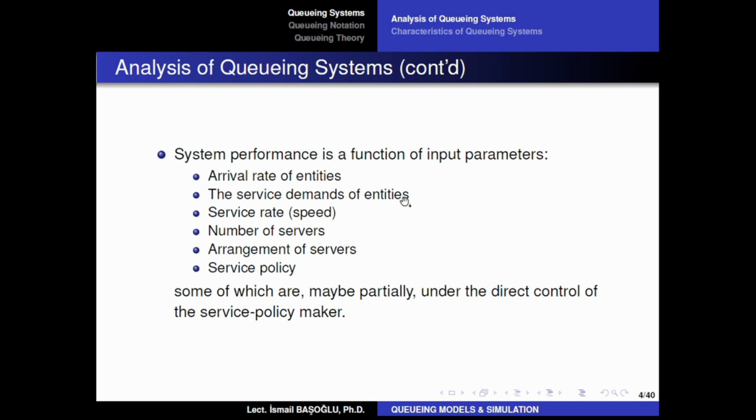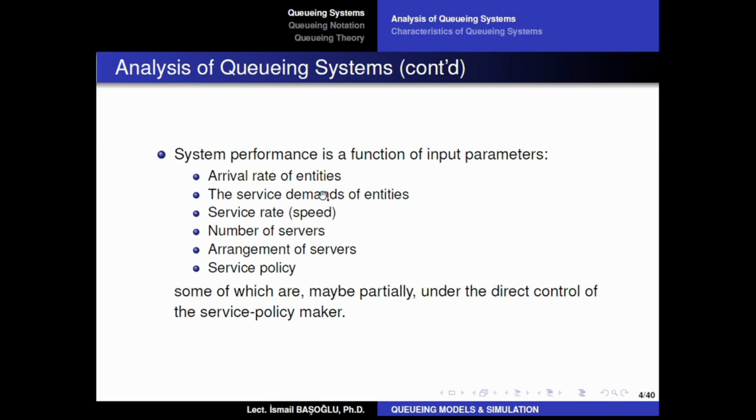So if we are going to model such a queuing system, first we need to model the arrival process of the entities, for example, the distribution of the inter-arrival times, and the service demands. So which customer is coming to get a haircut and which customer is coming to get a shave, or there are several services that you can get from a hairdresser shop.